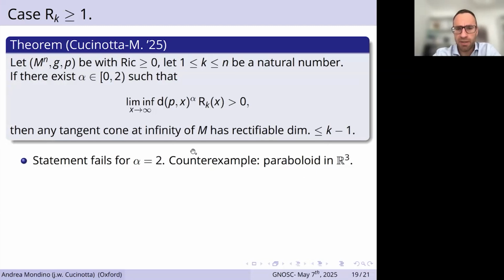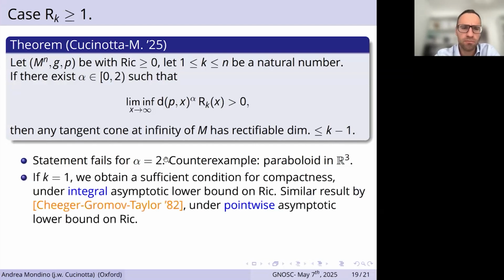But when you blow it down, you get a half line. If you count here, you would get 0, so you would expect dimension 0, but the blowdown is a half line. And so you cannot put alpha equal to 2.